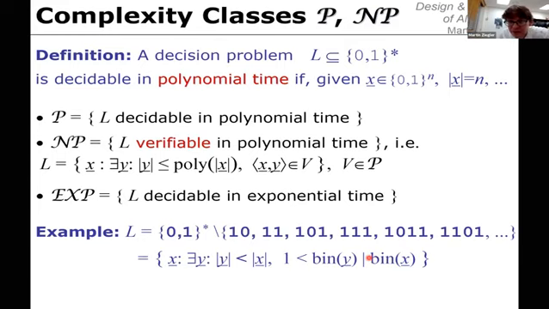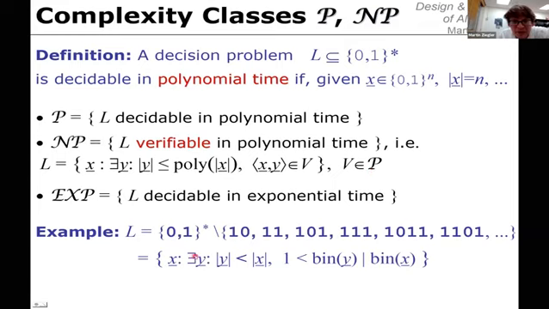Standard long division of binary numbers achieves that, so this part can be replaced by the condition that the pair x comma y belongs to V, where V is just the set of pairs x comma y that satisfy this property, a standard polynomial time decidable decision problem.